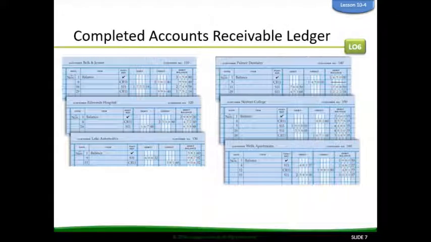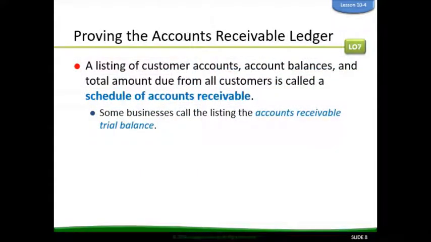Completed accounts receivable ledger. These are the customer accounts that we've used in this. Proving the accounts receivable ledger. A listing of customer accounts, account balances, and total amount due from all customers is called the schedule of accounts receivable.